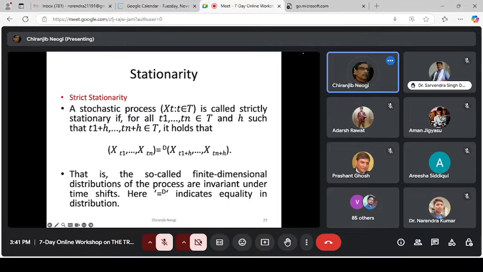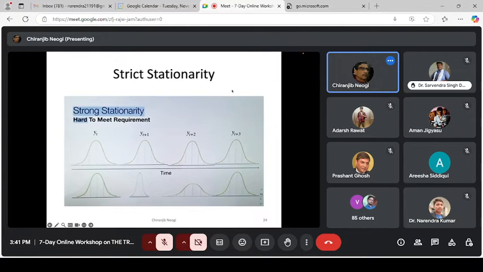So this is the definition of strict stationarity. Here, equal D means equality in distribution. These two distributions are equal, the same. Now, this is the concept of strong stationarity, and there is also weak stationarity.